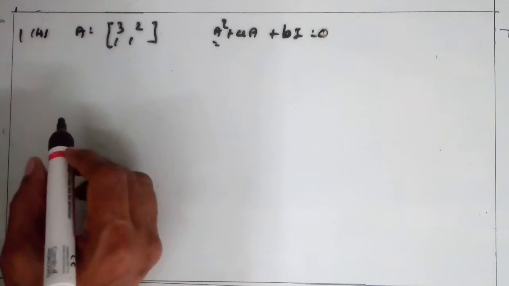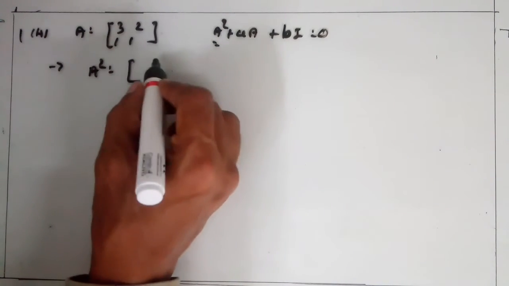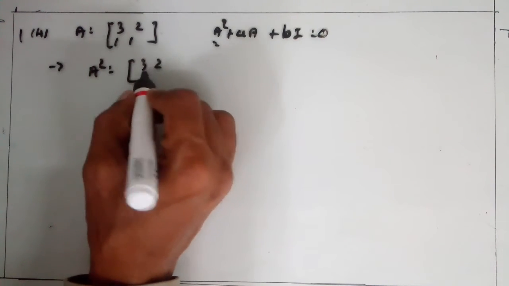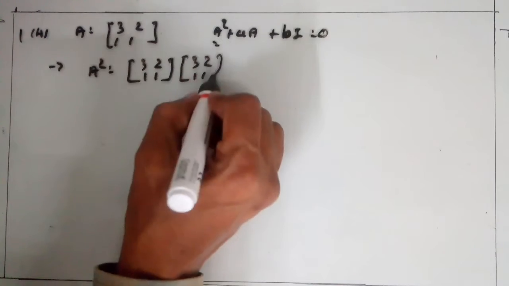For this, first we get A square. Here A square is equal to A into A. A is 3 2 1 1 into 3 2 1 1.